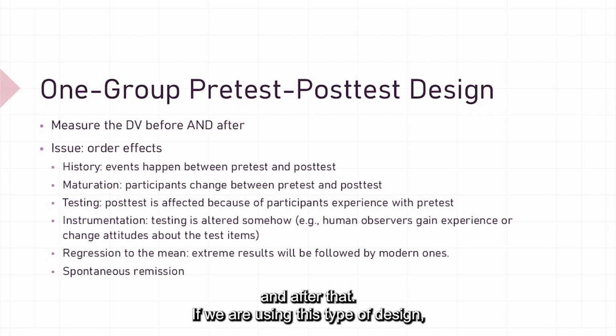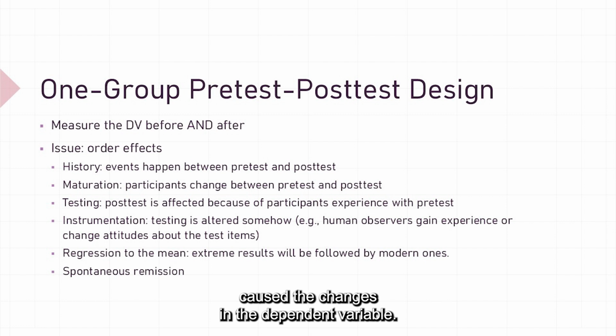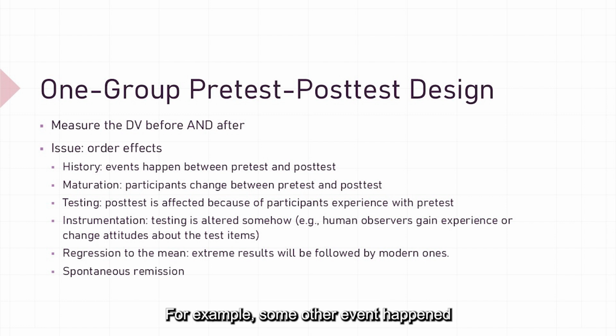If we are using this type of design, we cannot be sure that our manipulation of the independent variable caused the changes in the dependent variable. For example, some other event happened between the measurements of the dependent variable, and this event influenced changes in it.